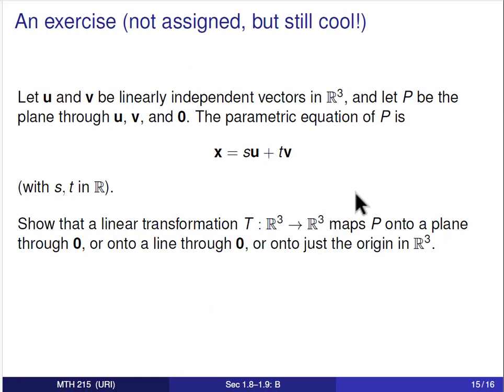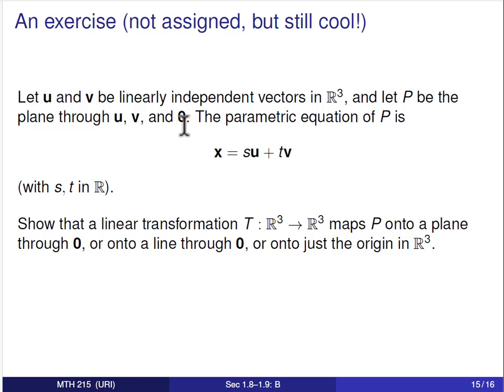All right, so as our last exercise for this video, this one comes from your textbook. It's not assigned so far as I know, but it's interesting from a theoretical standpoint. We're going to let u and v be linearly independent vectors in R3, so these are vectors in 3 dimensions, and let P be the plane through u, v, and 0.